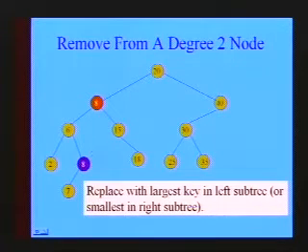Now, really what you've done is you've moved the vacant node problem further down the tree. But since you took the largest in the left subtree, what you know is that the node which had this element cannot have a right child, because whatever's in the right child will be bigger, and there's nobody bigger. So this node is guaranteed to not have a right child, and therefore its degree is either 0 or 1.